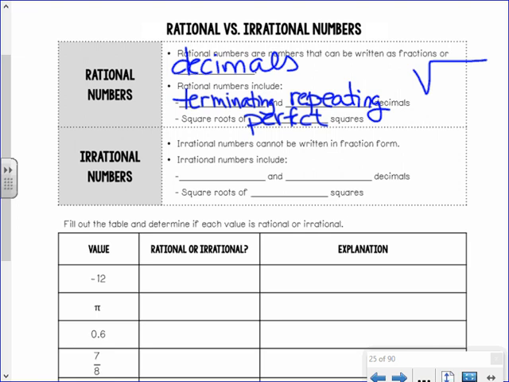What does IR mean? You guys know the prefix IR? Responsible, irresponsible. Sophia? Not. Okay? You're not responsible. So it's rational and irrational. This means they're not rational.